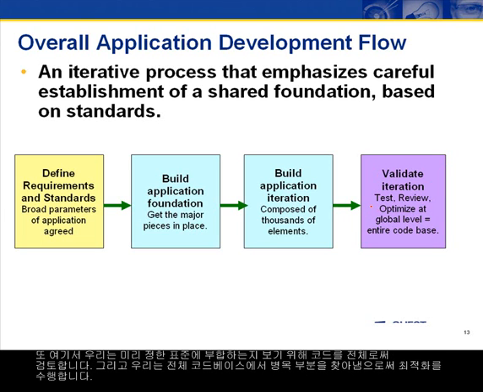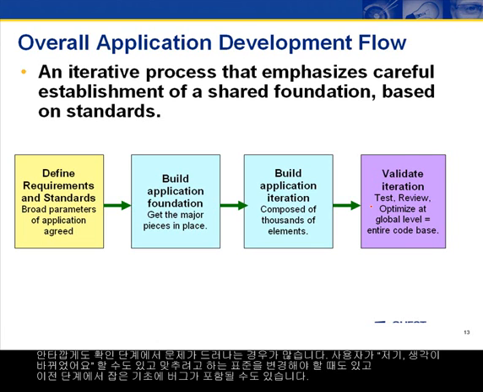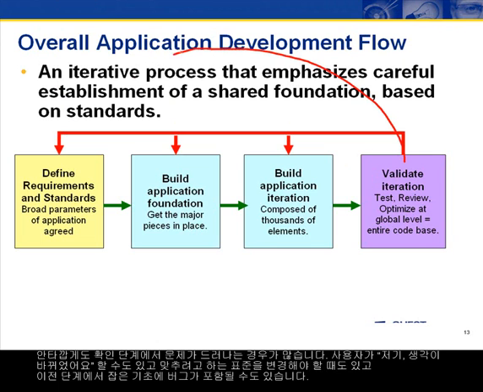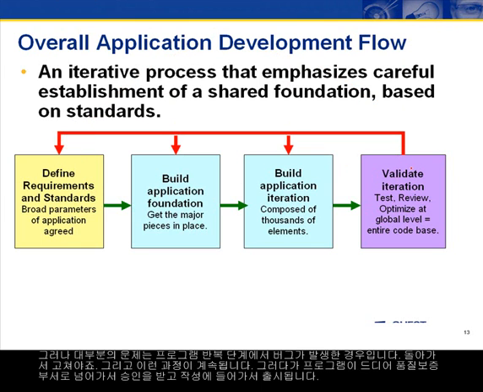And usually, when we do this kind of validation iteration, the news is not so great. It could be that the users say, wait a minute, we've changed our minds, or we have a change in our standards that we need to implement. It could be that the foundation has a bug in it. Most of the time, though, the application iteration has some bugs, and we need to go back and fix it. And we do this over and over and over again.